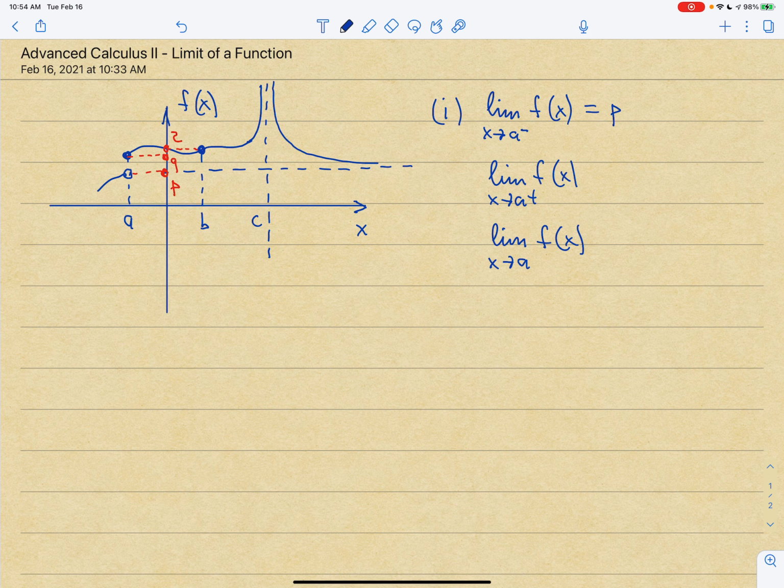What about the limit from the right? Well, similar thing is going to happen.